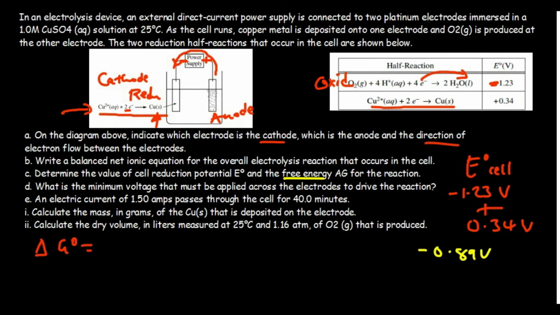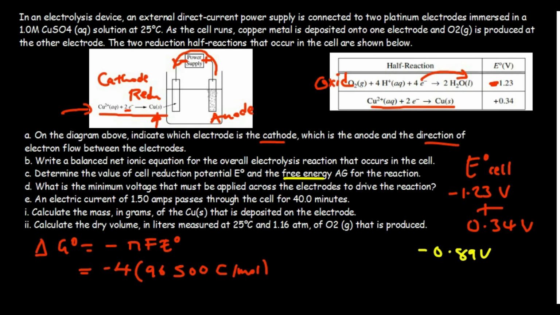It is negative n, Faraday's constant, and then the standard cell potential. The number of electrons transferred in this case is 4, which is denoted by n. Faraday's constant is 96,485, and we'll take it as the approximate value usually used as a constant, coulombs per mole.